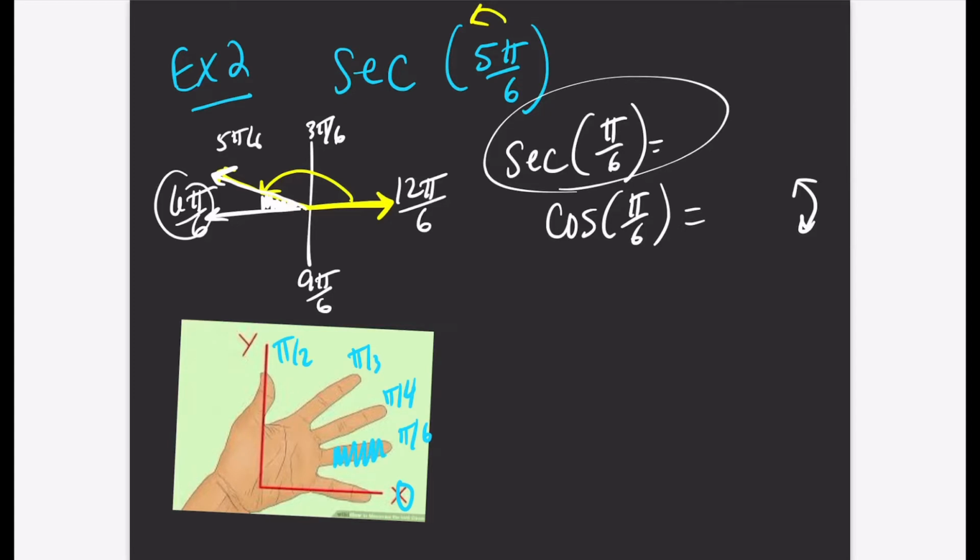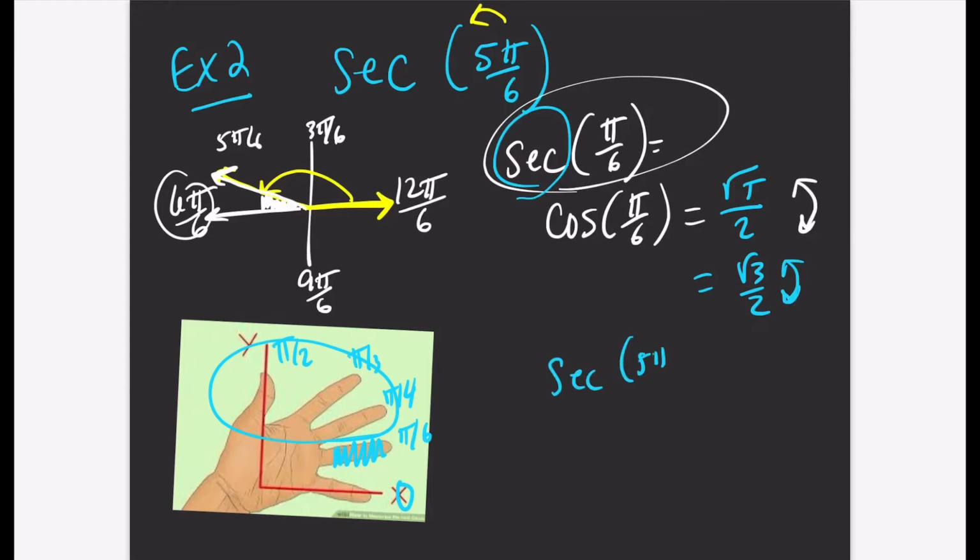Cosine was square root of top fingers over 2. So we have 3 fingers at the top, so square root of 3 over 2. And again, since we are interested in the secant, which is the reciprocal of cosine, secant of 5 pi over 6 will be equivalent to 2 over the square root of 3. And of course, you have to rationalize.